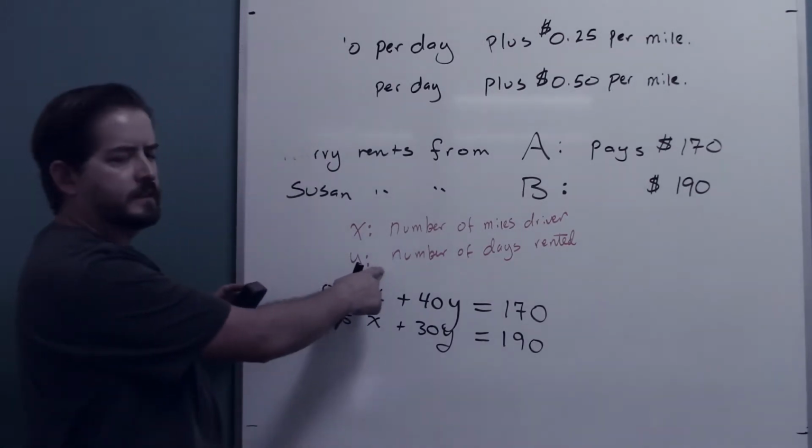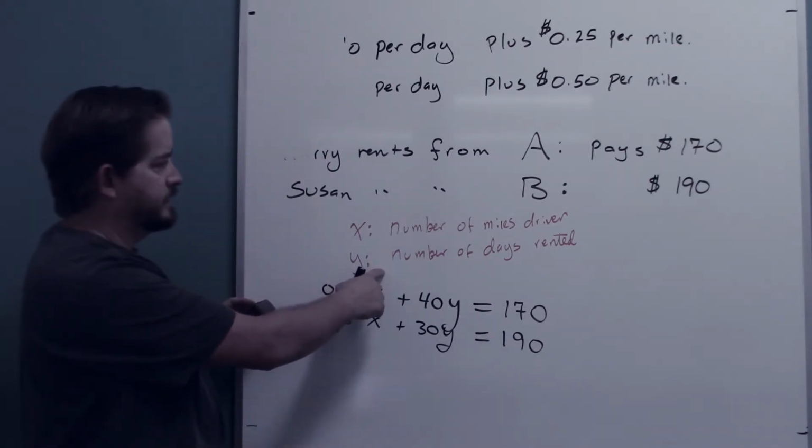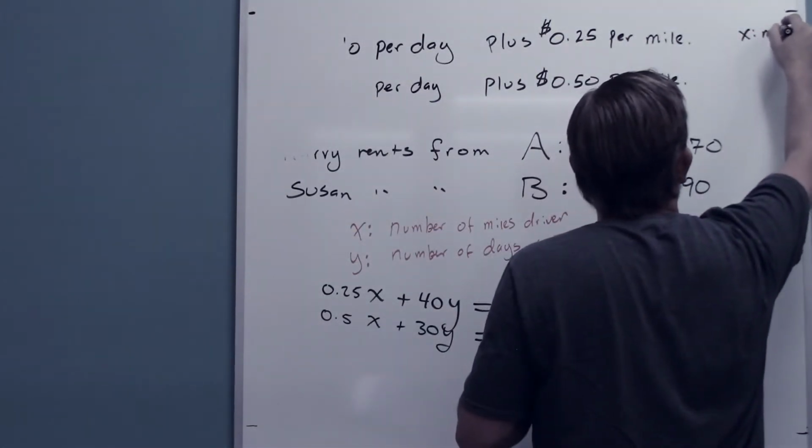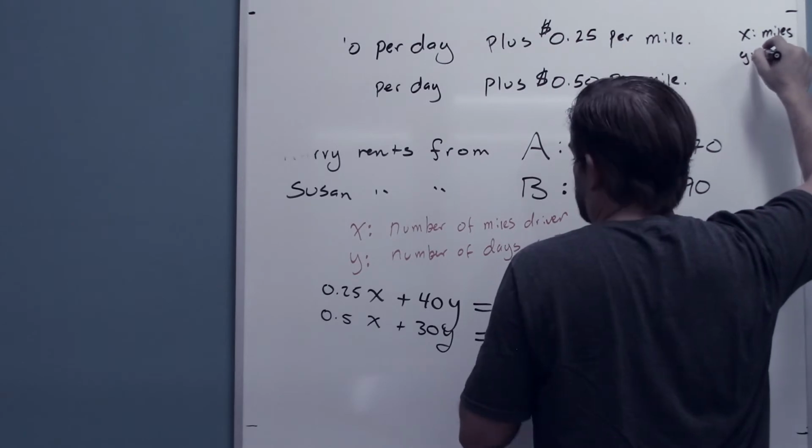Remember, because when I erase this, I'll probably forget, X is miles. I'm going to write it here. X is miles, and Y is days.